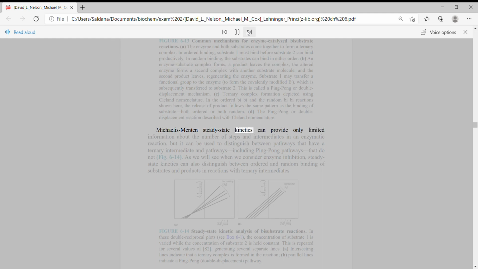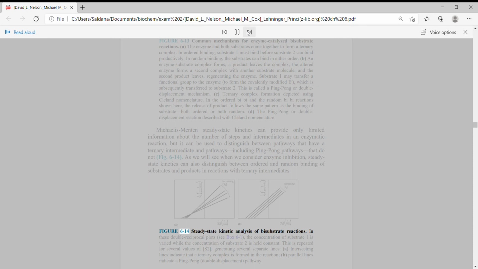Michaelis-Menten steady-state kinetics can provide only limited information about the number of steps and intermediates in an enzymatic reaction, but it can be used to distinguish between pathways that have a ternary intermediate and pathways, including ping-pong pathways, that do not, Fig. 6-14. As we will see when we consider enzyme inhibition, steady-state kinetics can also distinguish between ordered and random binding of substrates and products in reactions with ternary intermediates.